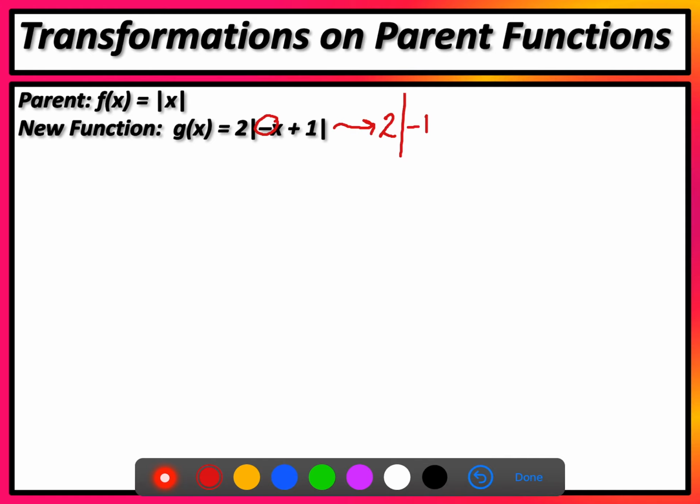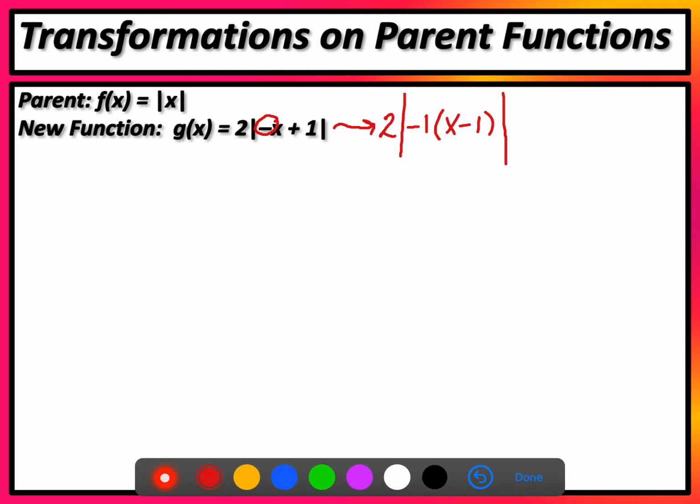So if I take out the negative, I'm looking at x minus 1. Because that negative on the inside is going to change things, that always has to be applied with a parenthesis.